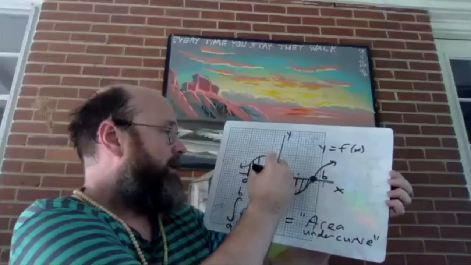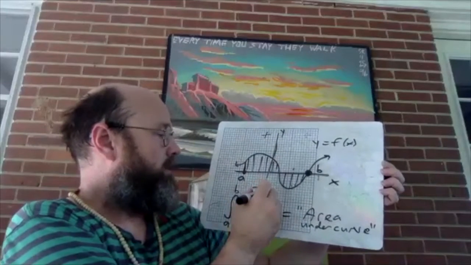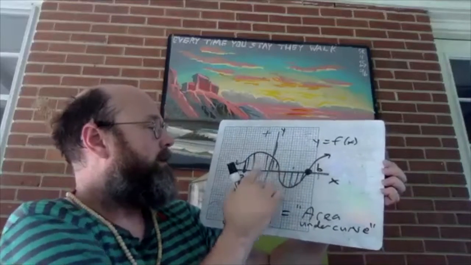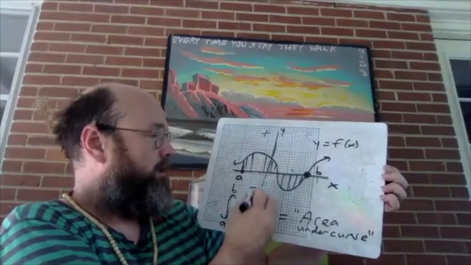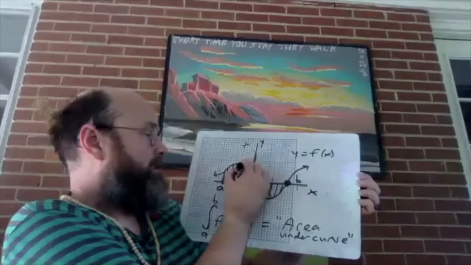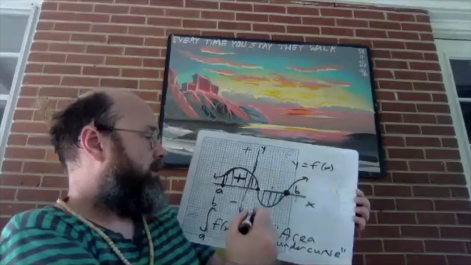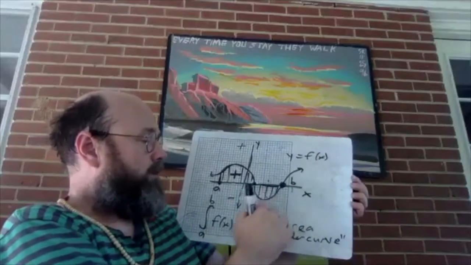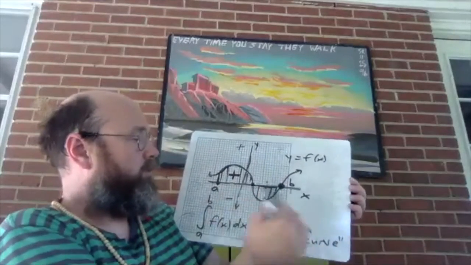And on the number line, these y values are positive, and these y values are negative. And the difference between a definite integral and an area in geometry is that the area under the curve is positive because all of these values of the curve are positive. But if the curve is below the x-axis, then we're really looking at the area above the curve, not the area under the curve.